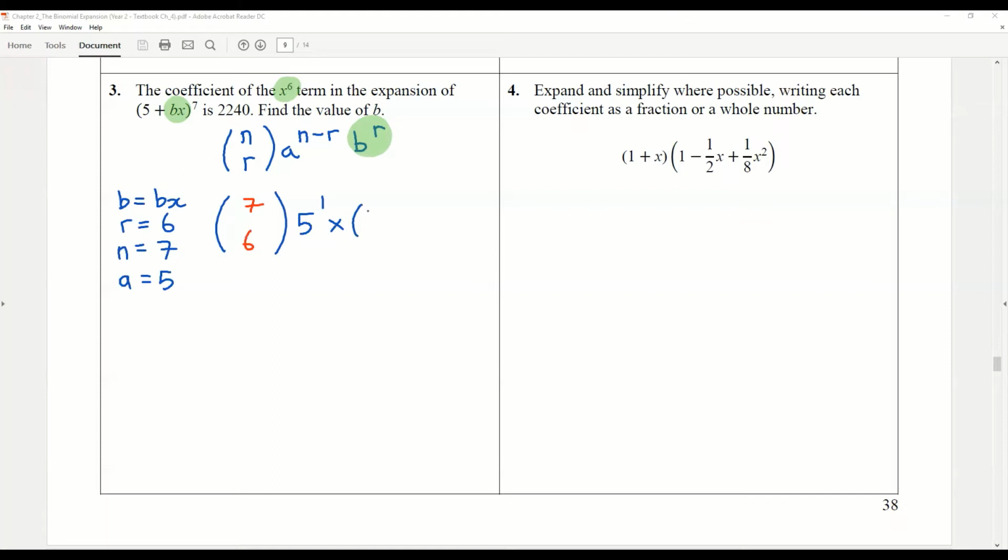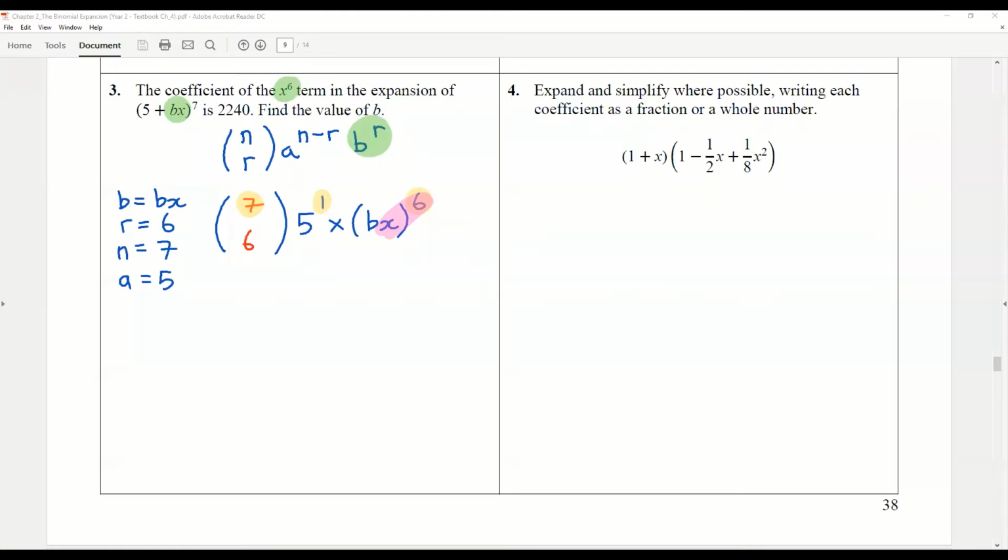And b is, of course, bx to the power r, which is, of course, 6. So everything checks out. So just to recap, we have the powers summing to 7, which is what we need. Okay, we're going to create an x to the power 6 here. And everything else should give us the total value of the coefficient. So obviously it'll be in terms of b, but there's nothing to worry about that.